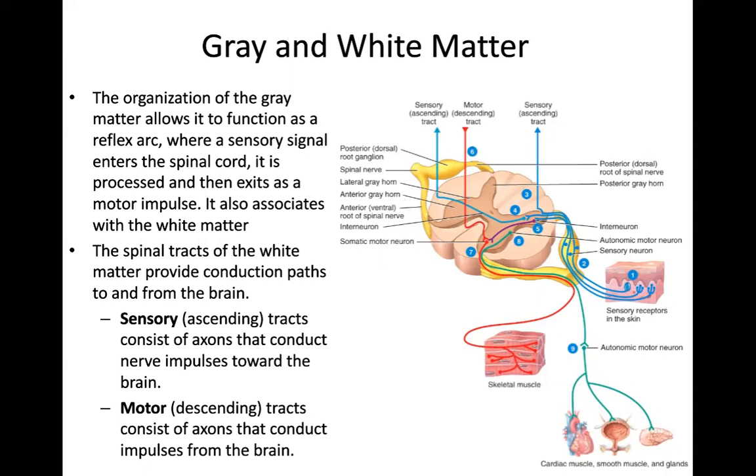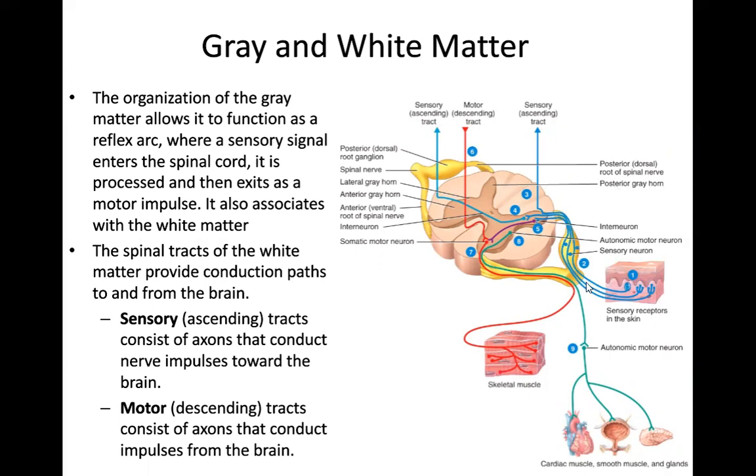The organization of our gray matter allows it to function as a reflex arc, and I've already used that term once here. This is where a sensory signal enters the spinal cord through the back side via what we call the posterior root of the spinal nerve, carrying a signal.